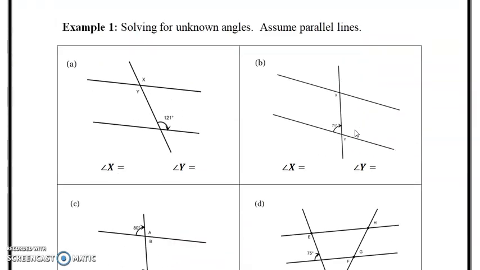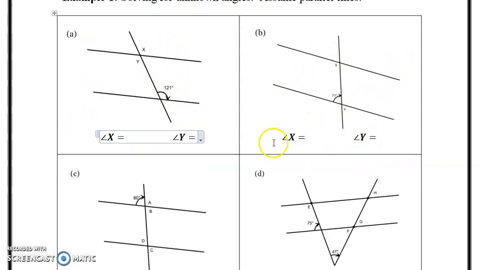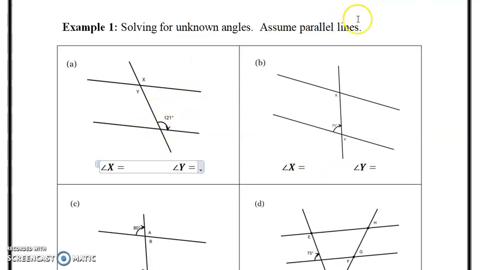So let's look at solving for some of the unknown angles. Again, we assume that these lines are parallel, otherwise we couldn't solve that. Sometimes you'll see little arrows. All right, but if it's not mentioned, we assume they are parallel unless we're trying to prove that they're parallel. Okay? So x and 121, they are equal.